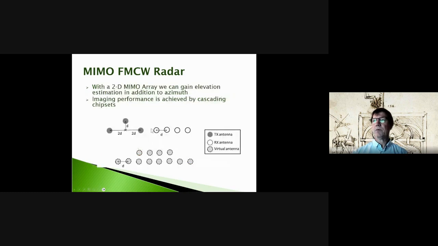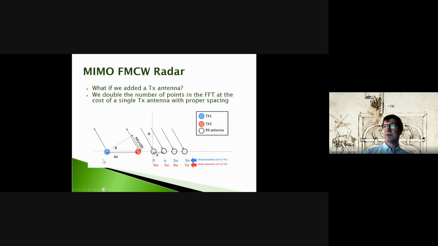But what if we wanted some elevation information also? Well, here you could place some transmit antennas, and then another one that's offset from this line, right? So here everything's spaced along a line.